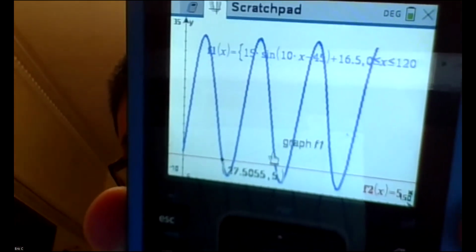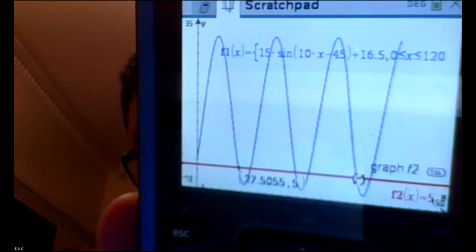So we can see here it crosses 6 times. The first two here, and then the next two here, and then the next two here, where my cursor is. So that's the answer for part D, 6 times.